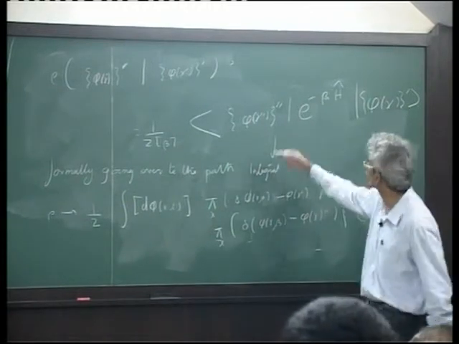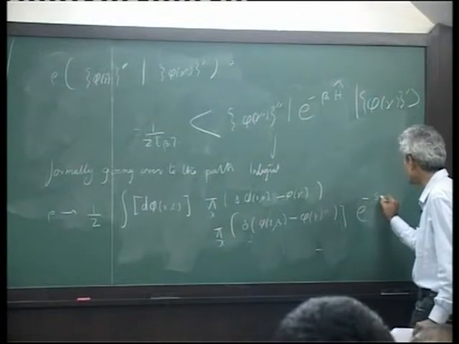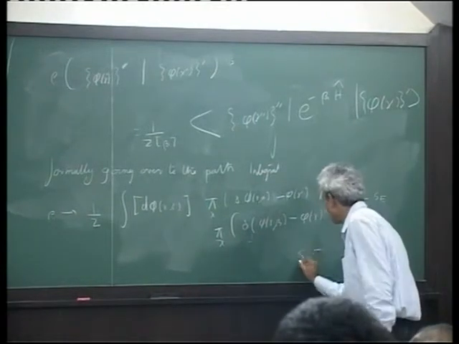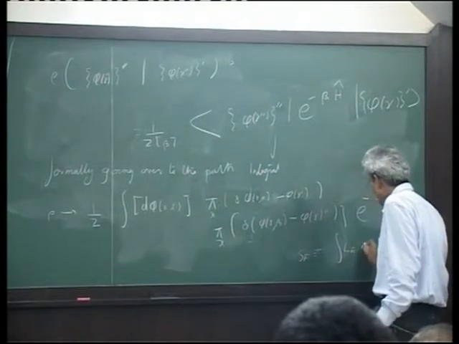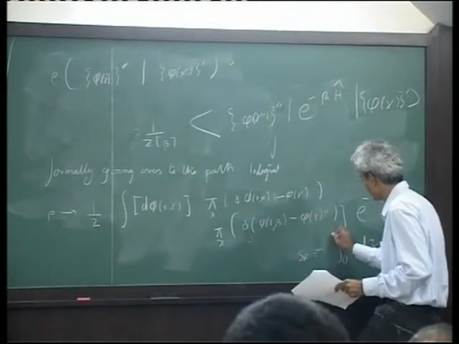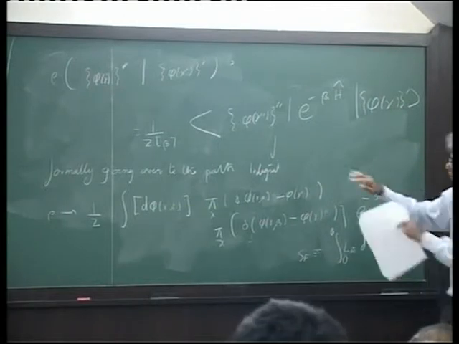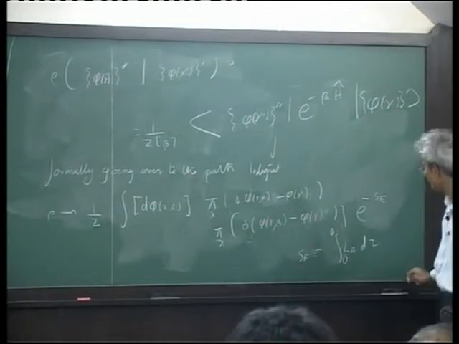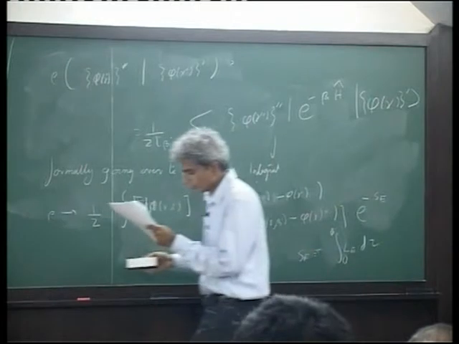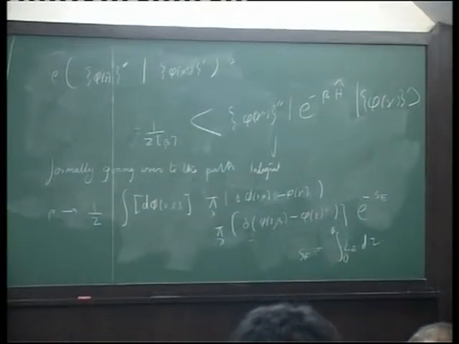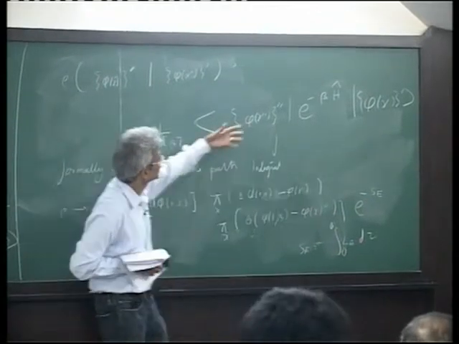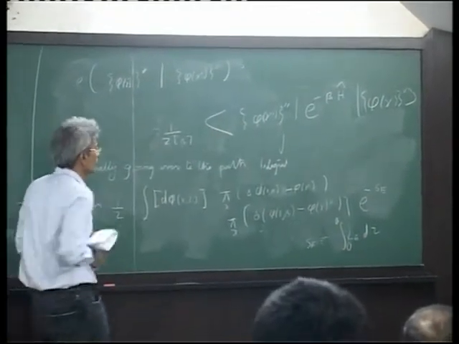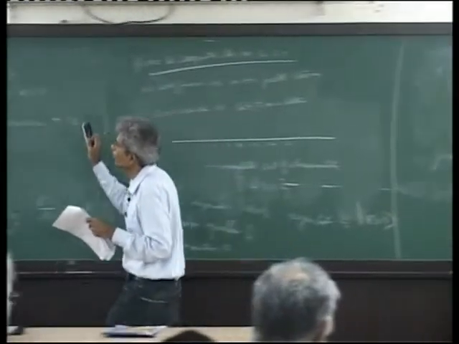And of course, when you go over to the path integral, this becomes the Euclidean action. Okay, so S_E is basically the integral of L_E d tau from 0 to beta. So this is simple. If you remember a little bit how you convert things to the path integral, this is how it will work out. Okay, and trace rho, because of this normalization, basically imposes trace rho is equal to 1. So that's what that imposes.